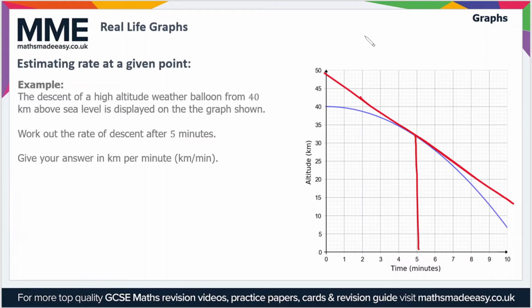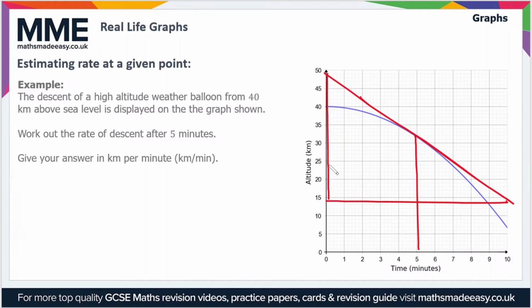So what we need to do now is form a right angled triangle in order to calculate the gradient. So the gradient, which we'll get by dividing the height of this triangle by the width, will be our descent rate. So let's draw a line across from the end of the triangle, like that, and now we can just add the height for completion.